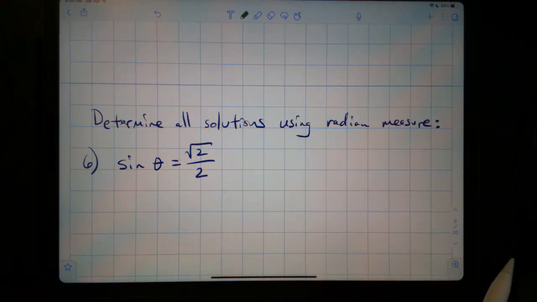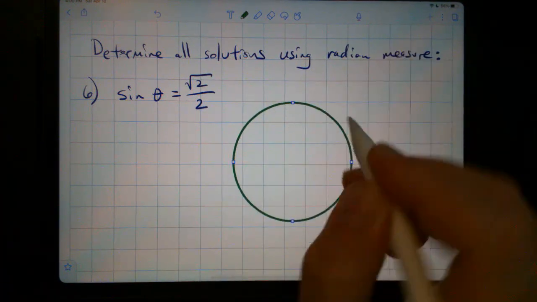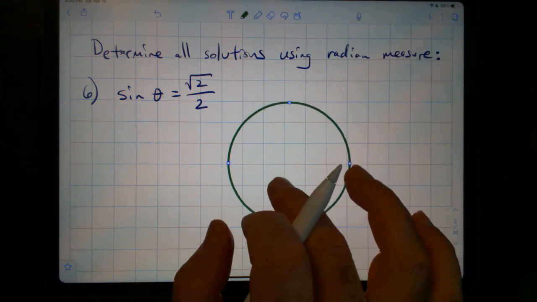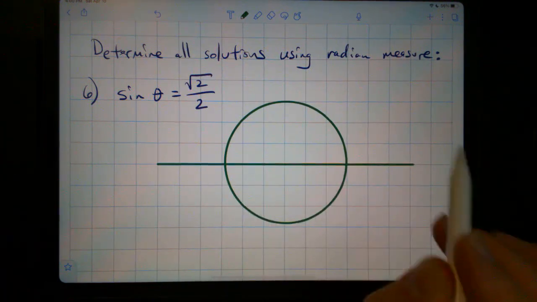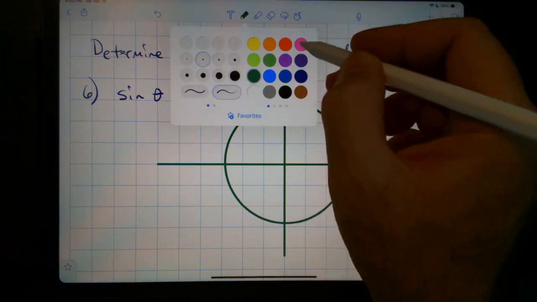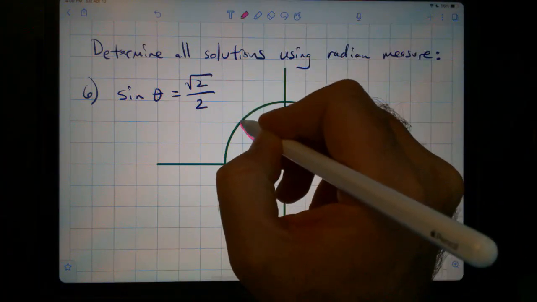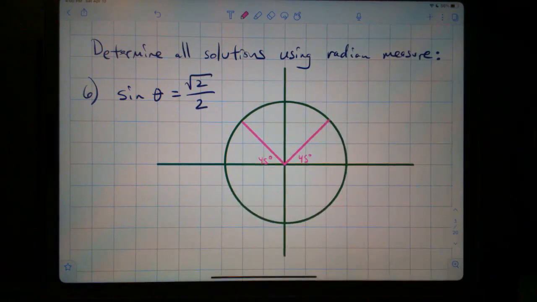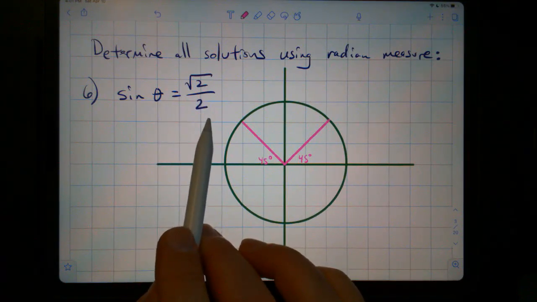Determine all solutions using radian measure. Okay, so what this is, in radian measure, when theta is pi over 4, sine of pi over 4 is radical 2 over 2.